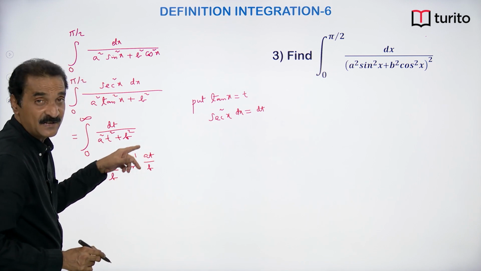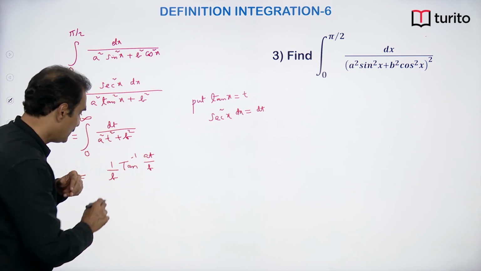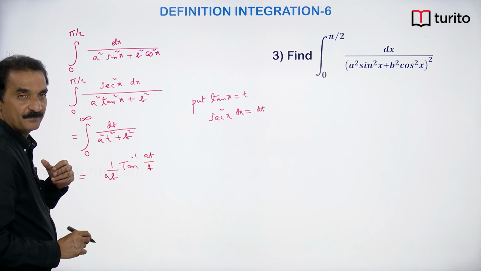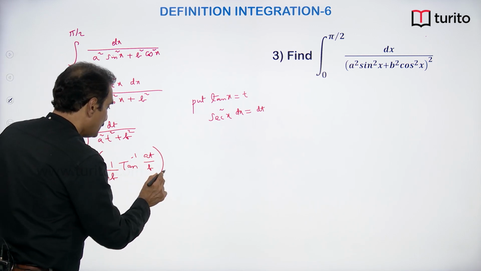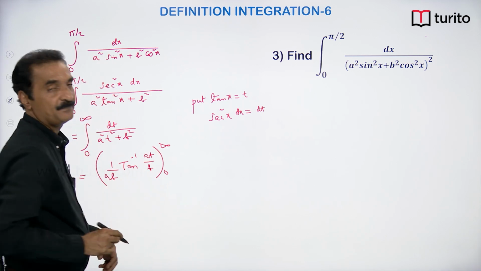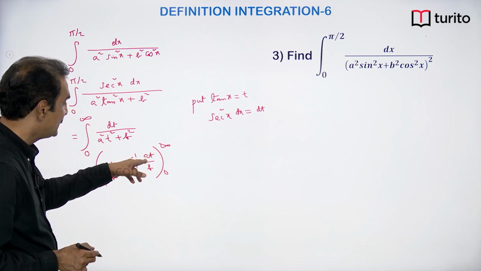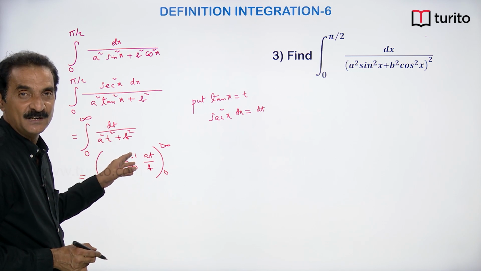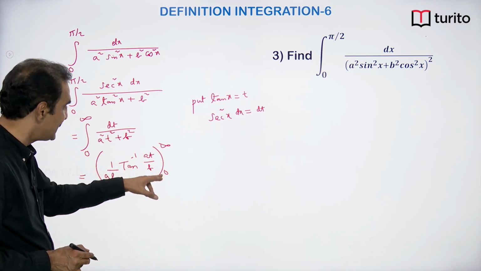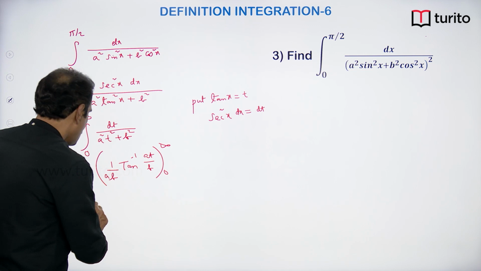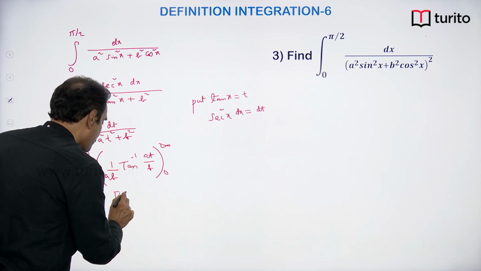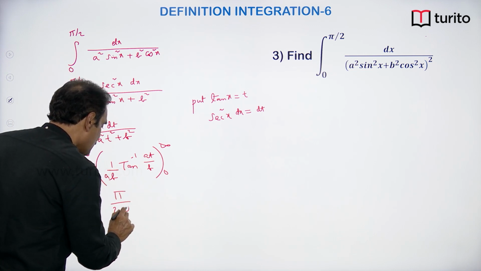Now we have to divide by the derivative of at, that is a. So you will get 1 by ab. Now limits are 0 to infinity. Now substituting the limits, tan inverse infinity tends to pi by 2. Tan inverse 0 is 0. So what are you getting? Pi by 2ab.